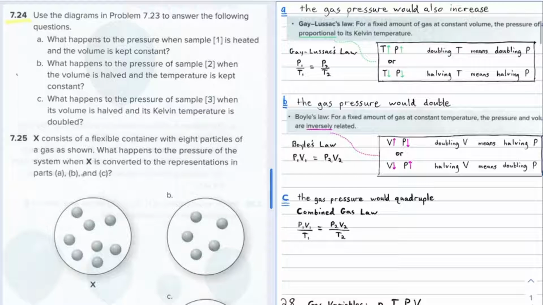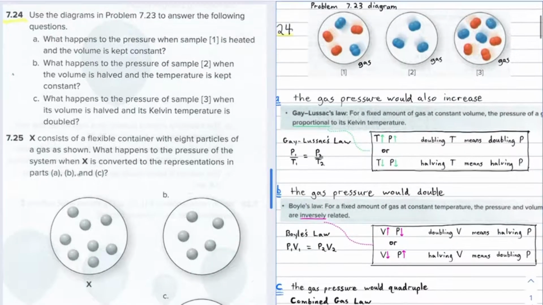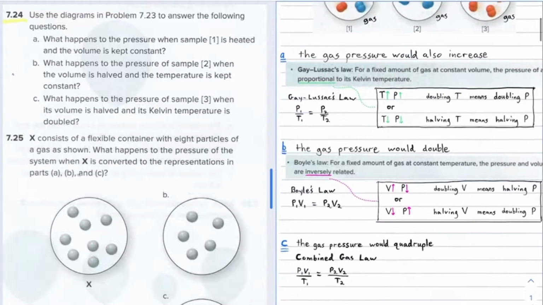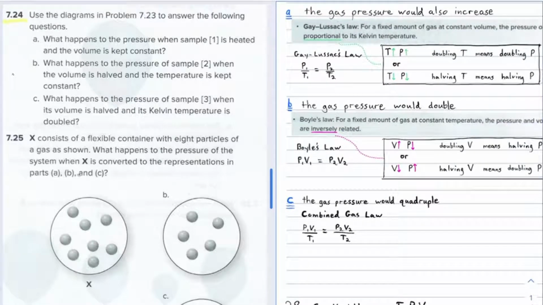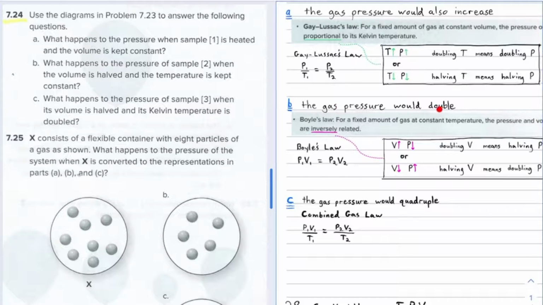When the temperature is constant and the moles of the gas aren't changing, you've got your gas trapped inside this container, then that's a Boyle's law problem. By the way, the answer is the gas pressure would double. If the volume is cut in half, then the gas pressure would double.